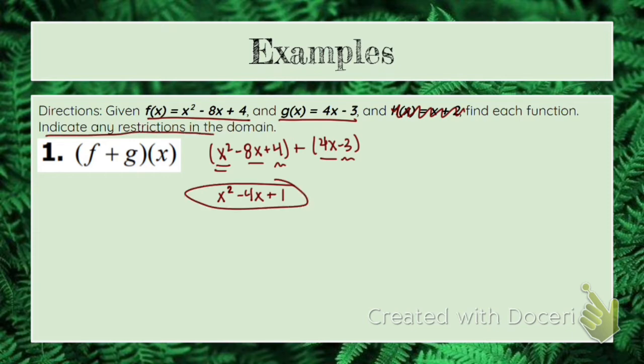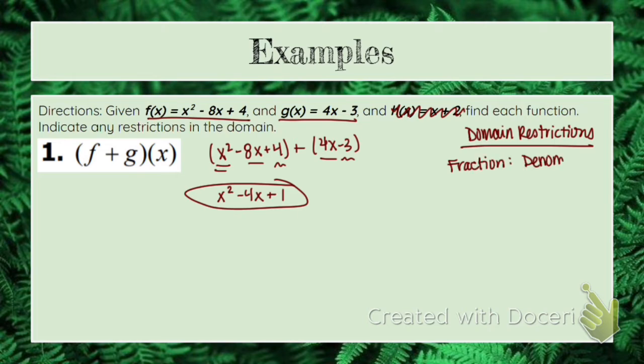It says to indicate any restrictions in the domain. And restrictions in the domain only happen when we have a fraction or a radical. So, domain restrictions. In a fraction, the denominator cannot equal 0.